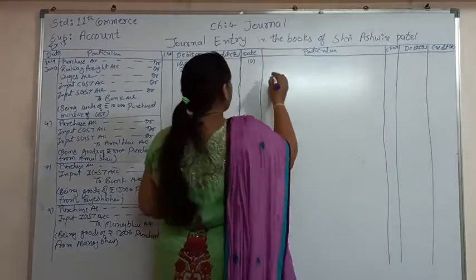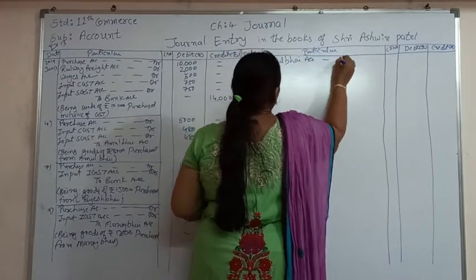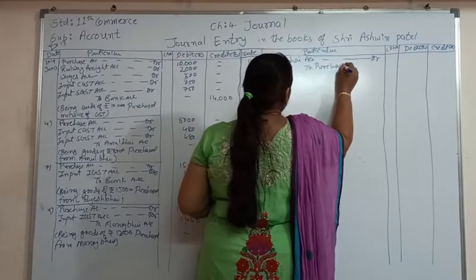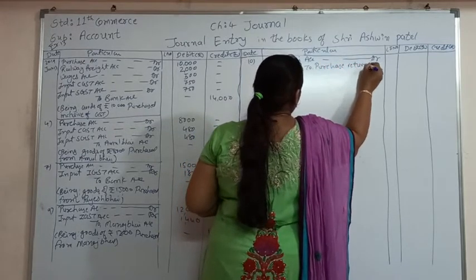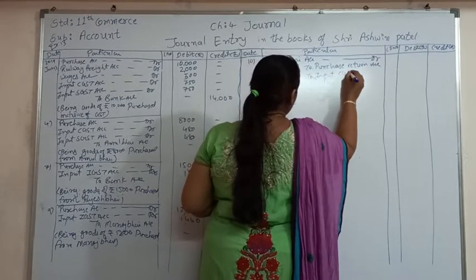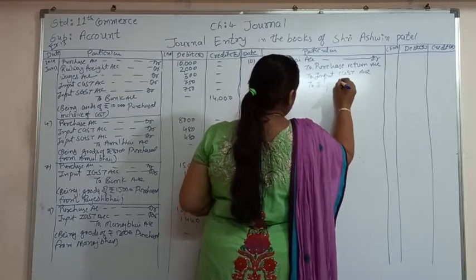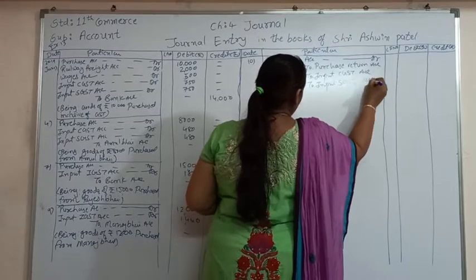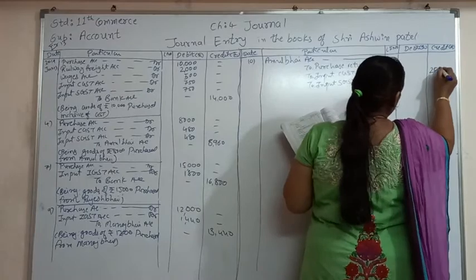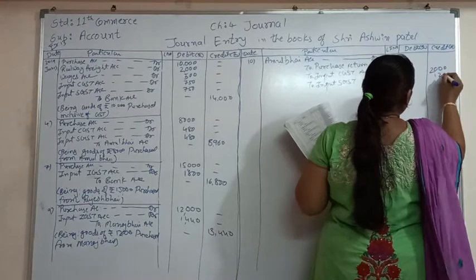So journal entry will be Amul Bhai account debit to purchase return account, to input CGST account, to input SGST account. So here the goods is of rupees 2,000 and 6% of 2,000 will be 120.